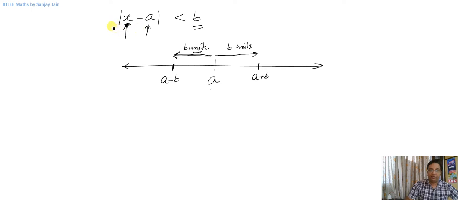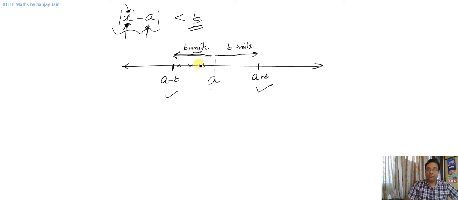Now when I say mod of x minus a is less than b, that means I am looking for a number x, the distance of which from a is lesser than b. That means this point x can be anywhere between a minus b and a plus b, right?